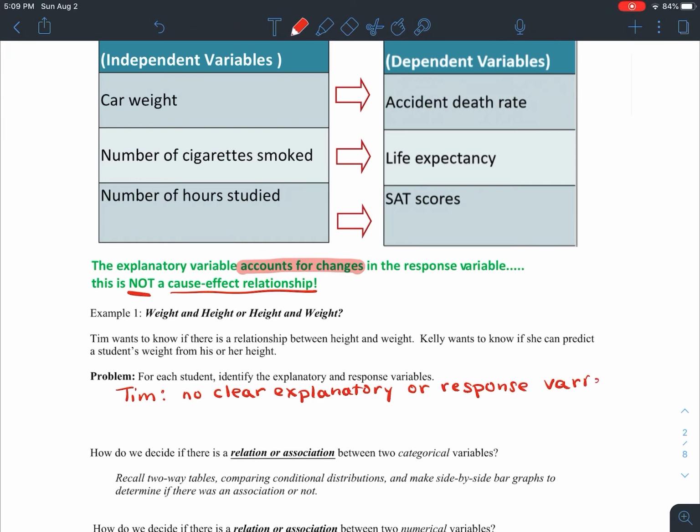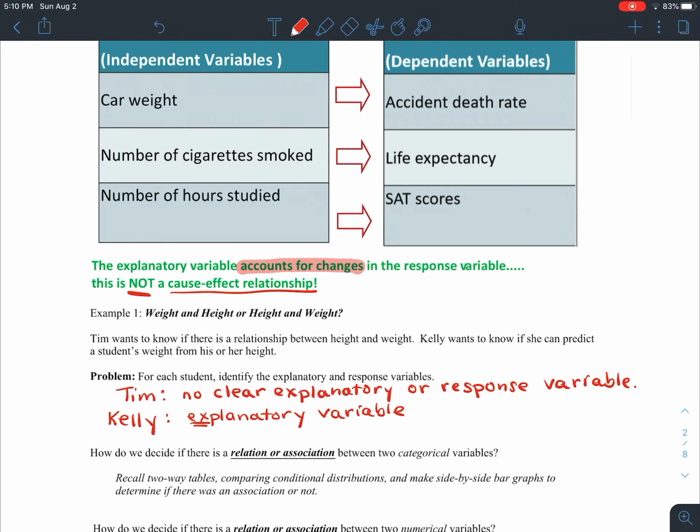The way that that's worded, it's not indicating whether one of those variables is helping predict the value of the other variable. Now, when we look at Kelly's inquiry here, it says she wants to know if she can predict a student's weight from his or her height. So for something like that, keep in mind again, the explanatory variable is what helps explain.